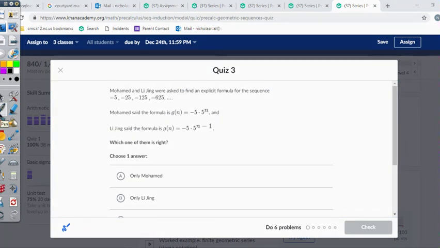So what we're going to do is find our common ratio. So r would be equal to negative 25 divided by negative 5, which is equal to 5.